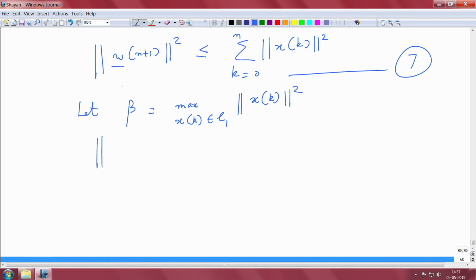So, the norm of W n plus 1 square is less than or equal to n plus 1 times beta. Now, let us call this equation number 8.